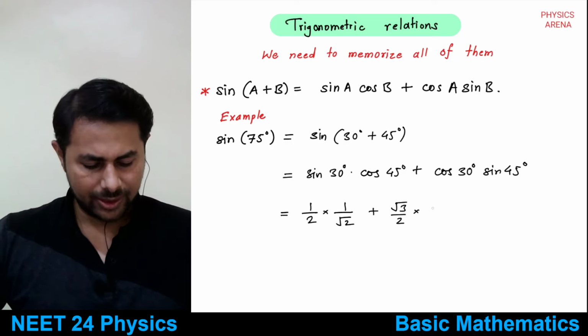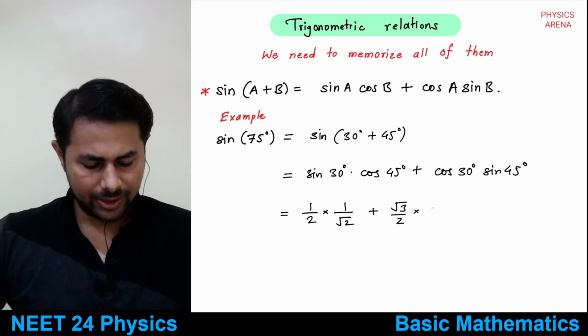Okay, and I will add one more thing into that. So for an example, you have sine of pi by 2 plus theta, or you can say sine of 90 degrees plus theta.